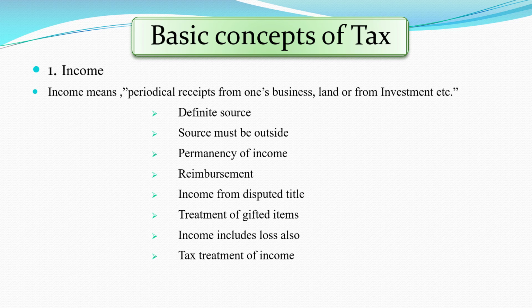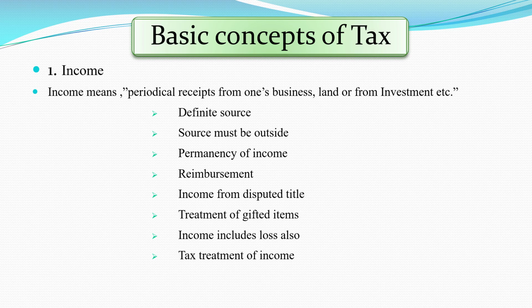For example, there is a house which has two owners, and Mr. A and B are the two persons claiming the ownership of that house. But at the time of the dispute, Mr. A is receiving the rental income from that house.